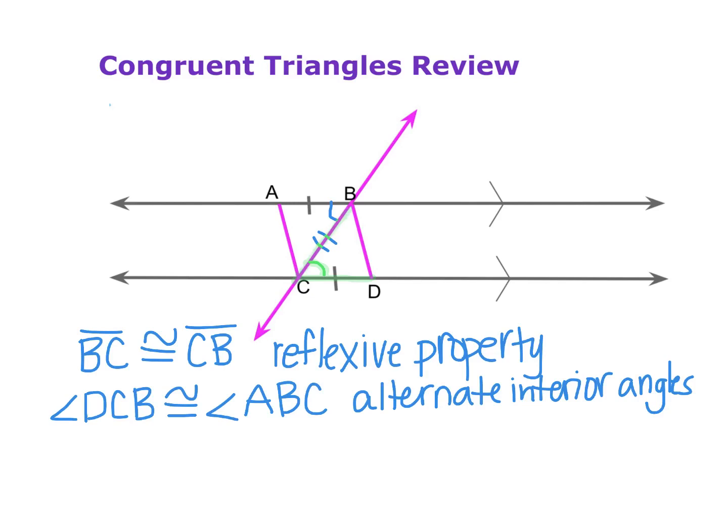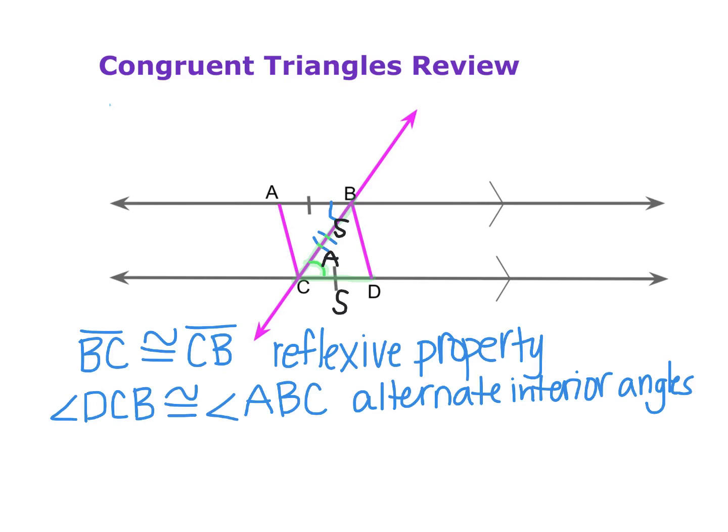And then when I'm going up to B, I'm crossing over a side. So to write that out, we would have side, angle, side. And so that's the postulate that I would use here to prove that these two triangles are congruent to each other.